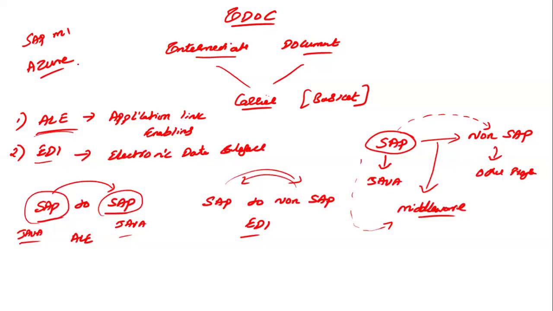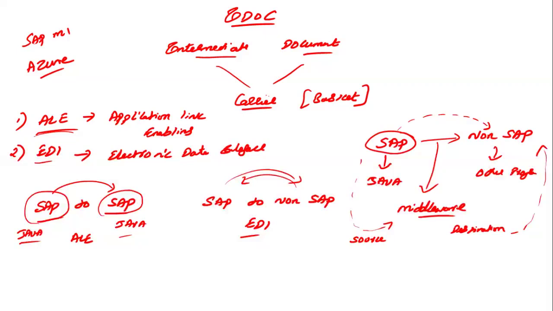So this middleware will receive the data from SAP and translate the data into another language. It should know the source language, and it should also know the destination language. The data coming from SAP will go to middleware. It is in Java, so middleware will understand that it is Java, see what the destination language is, convert the data into the destination language, and then send it to the non-SAP system.